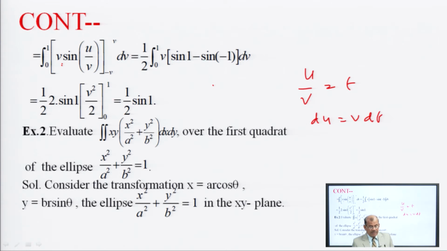Second example: evaluate the double integral of x y under the bracket x square by a square plus y square by b square, dx dy, over the first quadrant of the ellipse x square by a square plus y square by b square is equal to 1.